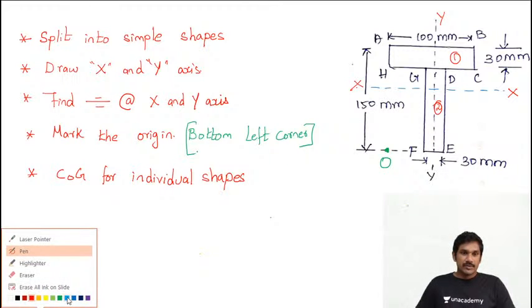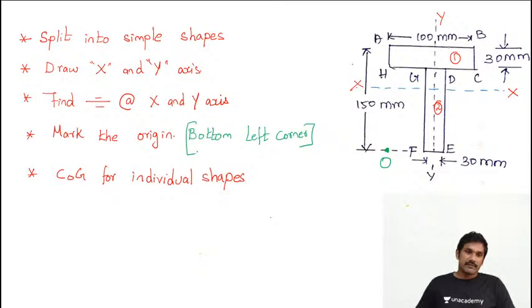So what are the individual shapes? Here we have two rectangles. You may have a semicircle, circle, hemisphere, whatever, based on the question. Here we have two rectangles, so we have to find the center of gravity of each individual shape. So we take rectangle 1, and what is the center of gravity of this rectangle 1 alone?